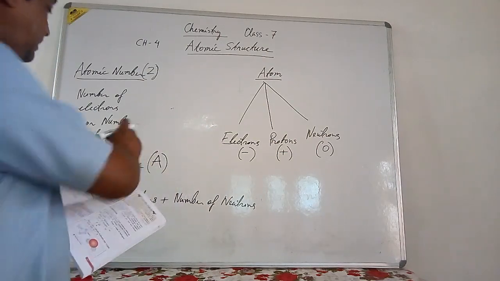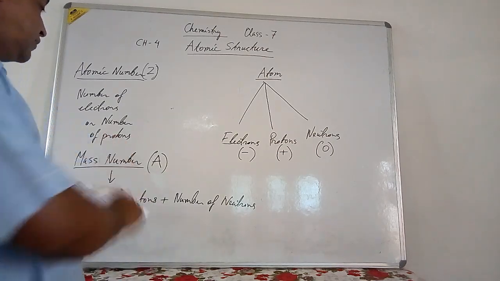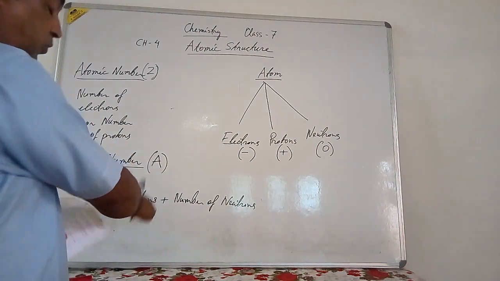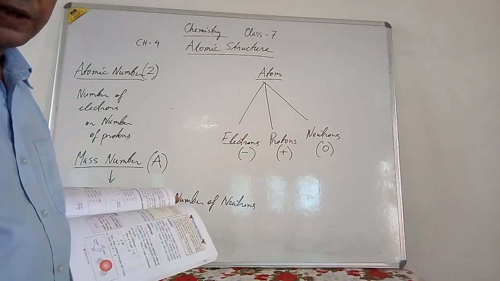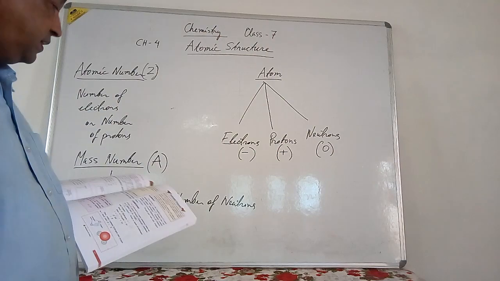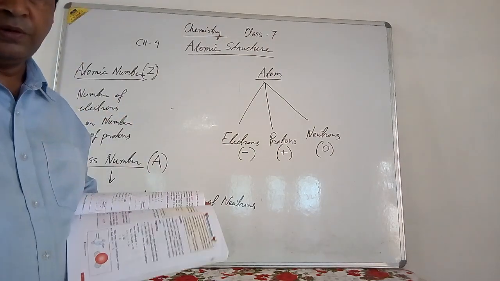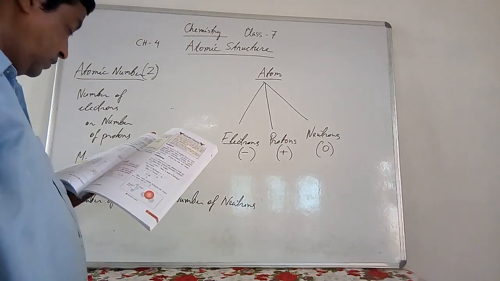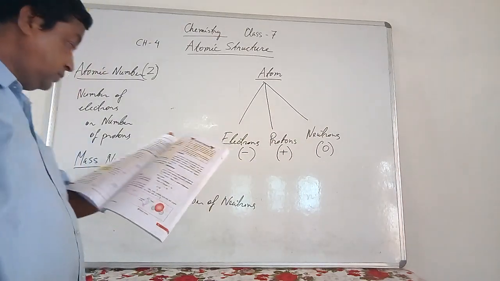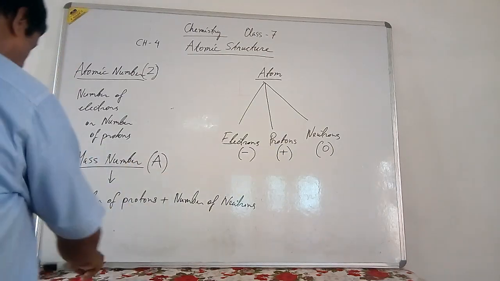Now if mass number is given, you can find out the number of electrons, because number of protons is equal to the number of electrons. Or if the atomic number and mass number are given, you can find out the number of neutrons. Now we will do it later on. We will see how it is done.